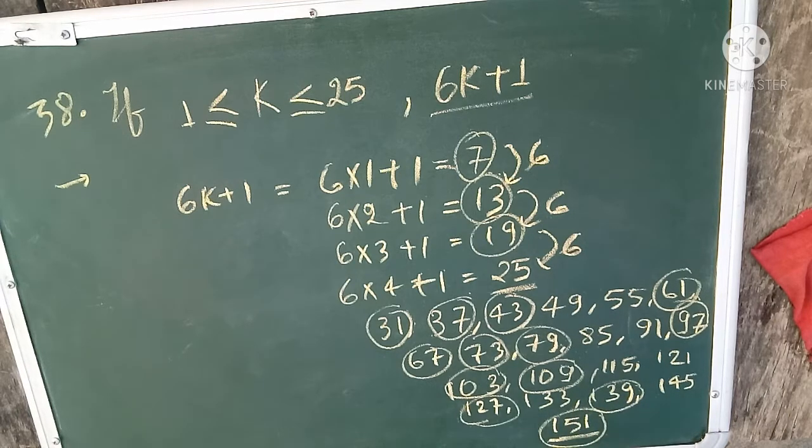So altogether we have 16 such prime numbers. The answer of this question is also 16. We have 16 prime numbers in the form of 6k plus 1, for which the value of k lies between 1 to 25. Next question we have question number 39.